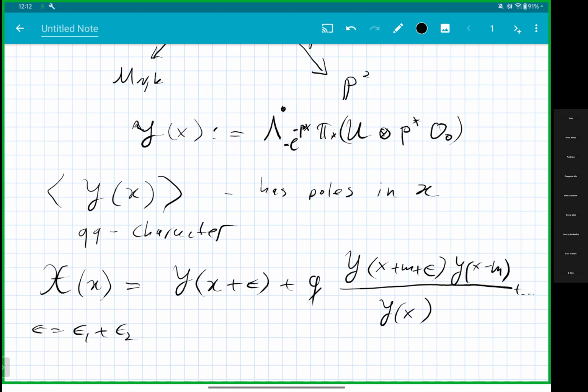So for finite n, there is actually an infinite number of terms. The idea was that this Y(x), poles coming from here cancel out with poles coming from here, but this numerator produces additional poles, each one, and they need to cancel as well. So we will need to add additional terms, and so this term will grow like this.